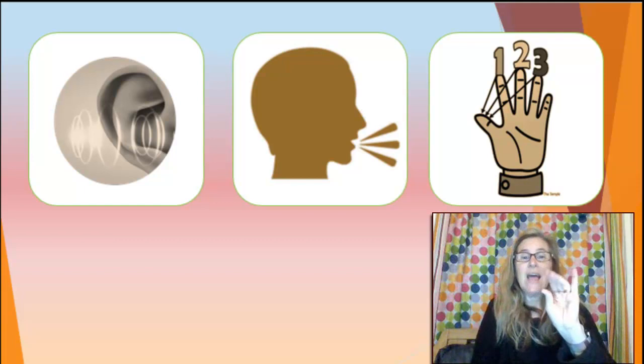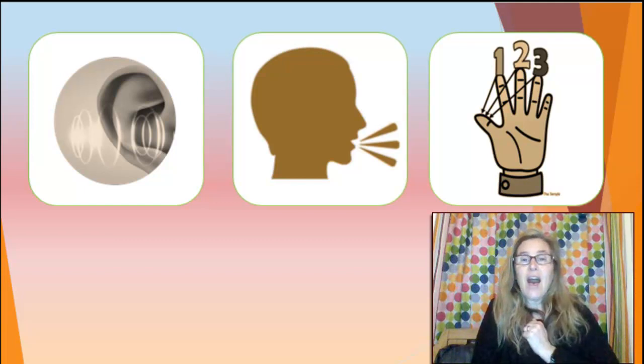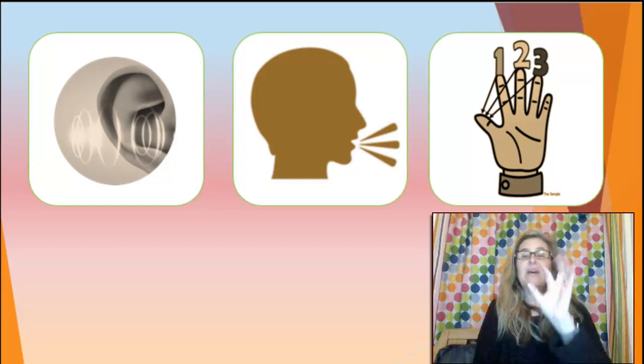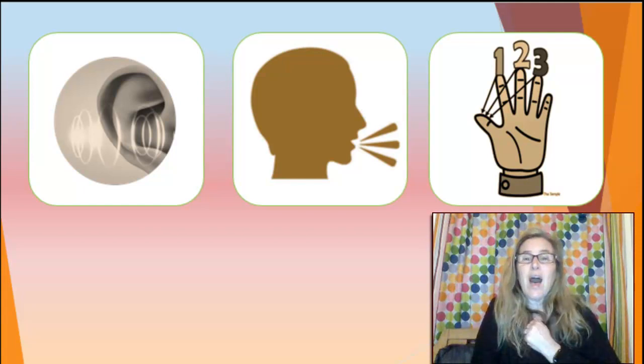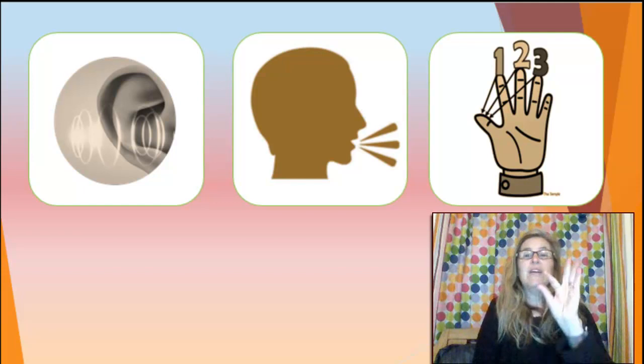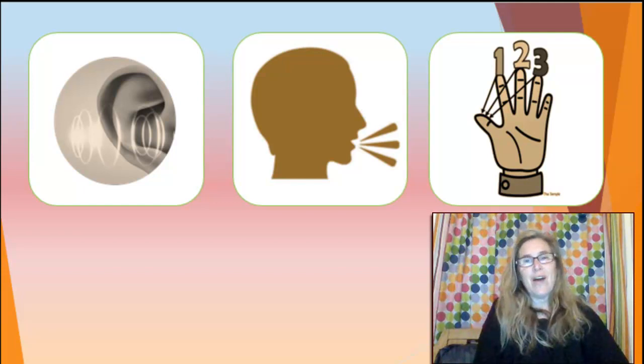N, a, n. Tom. T, a, m. Top. T, a, p. Awesome job with all of those sounds. In a minute, you're going to get to see the letters that make all of those sounds that are going to make words for us for our story.